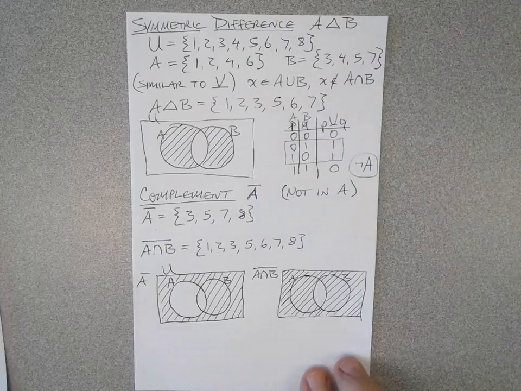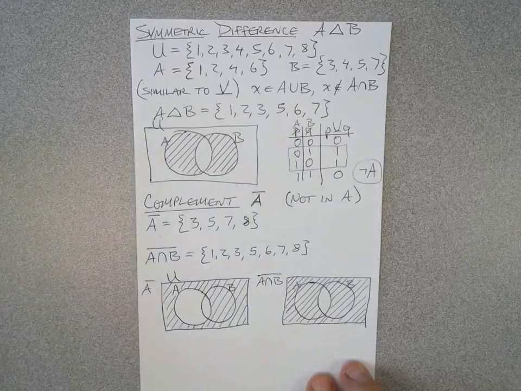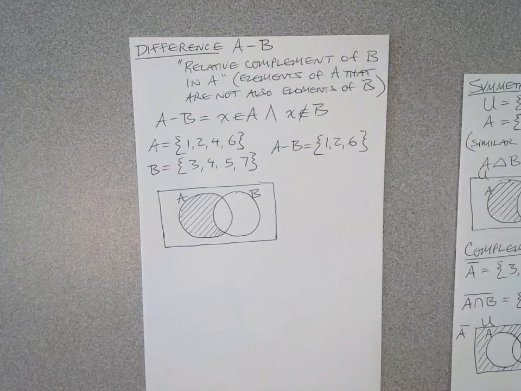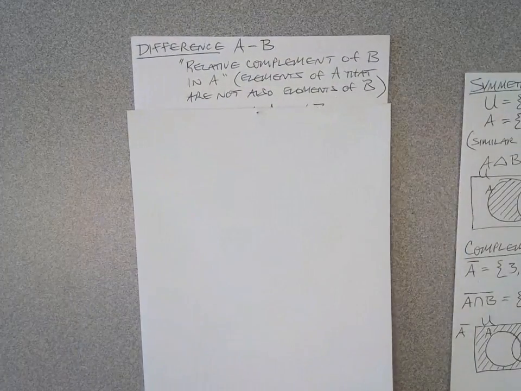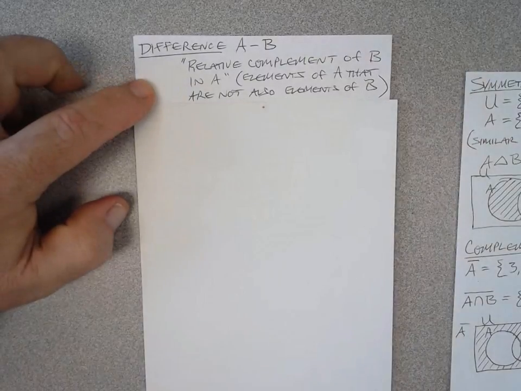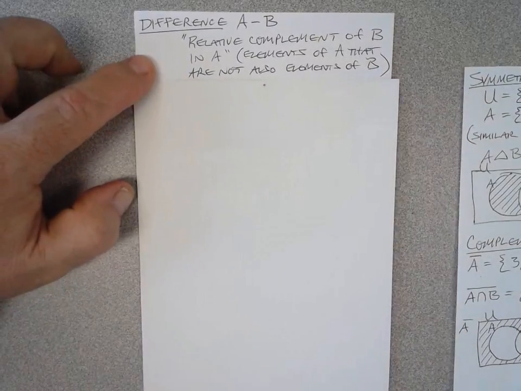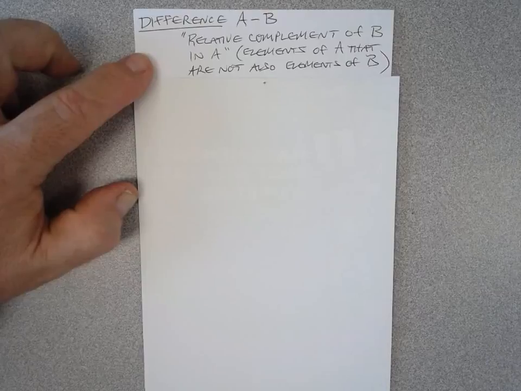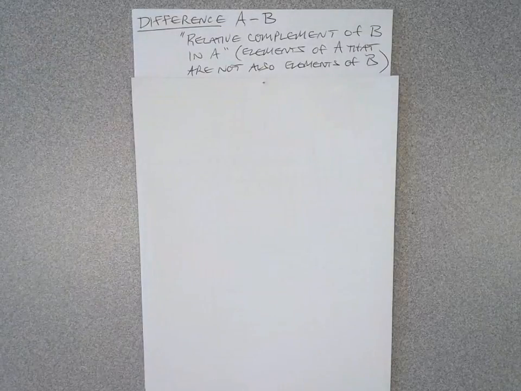And finally, the last one we want to look at is just what's called the difference. As I mentioned before, some of these might remind you of some of the operations out of arithmetic. The difference is not all that different from subtraction.